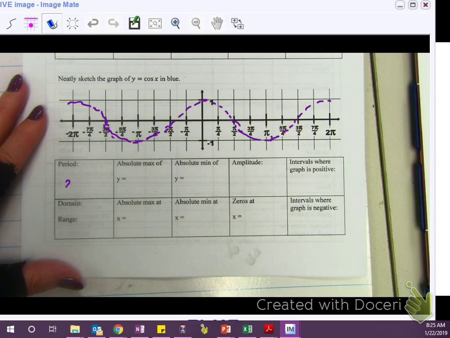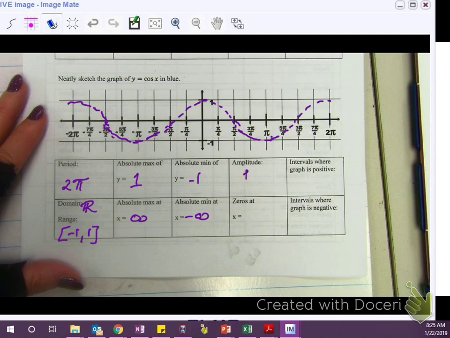So the period is still 2 pi. The absolute max is still 1 and minimum is negative 1. This is still infinity and negative infinity. The domain is still all real numbers. The range is still negative 1 to 1.